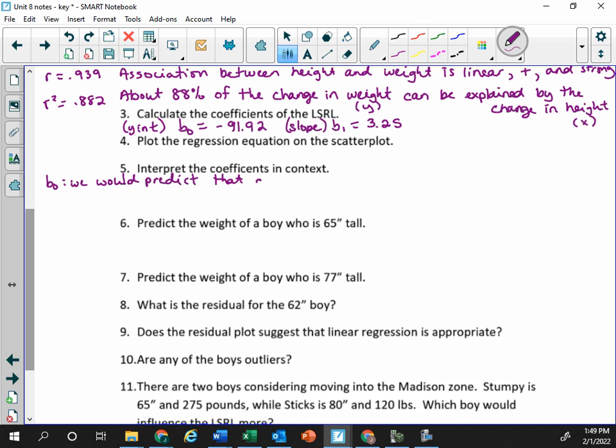That a boy 0 inches tall would weigh negative 91.92 pounds. You have to write it out in context, but rarely will it make any sense. Now the slope should make sense.